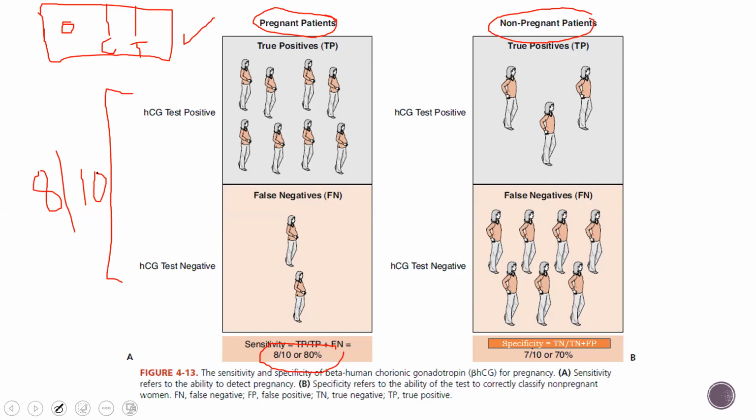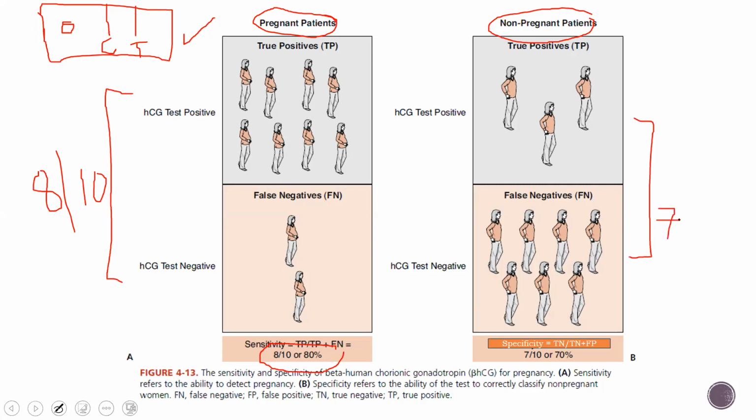Next, we have specificity. Pag sinabi naman nating specificity, this is an example of non-pregnant women. Nag-test sila sa pregnancy kit test din. Out of 10 negative women, only 7 tested negative.